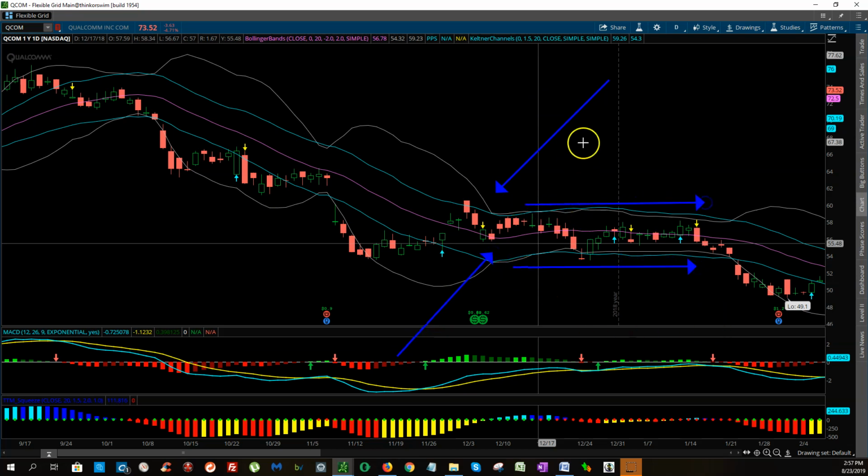Well, let's see what's happening in this consolidation area. What do you notice? All of a sudden, right here, you get the Bollinger Bands going inside of the Keltner channels, and they start right here. You'll see the white part of the Bollinger Band going inside of the Keltner channels.